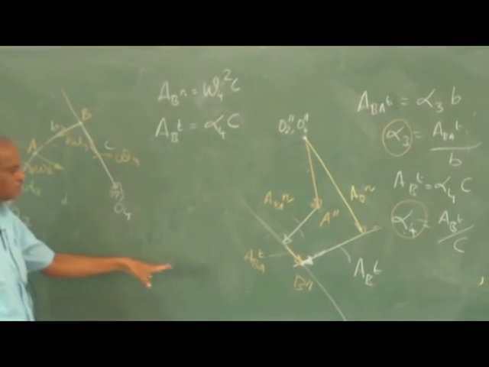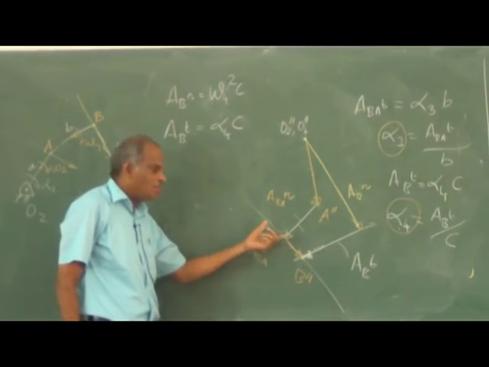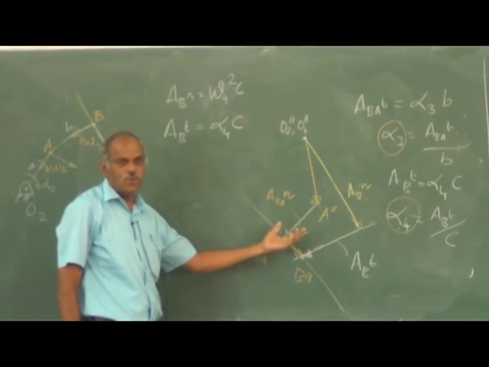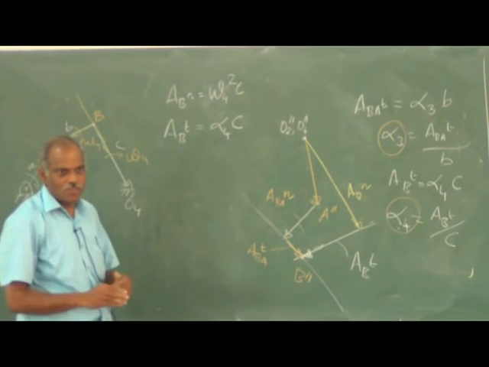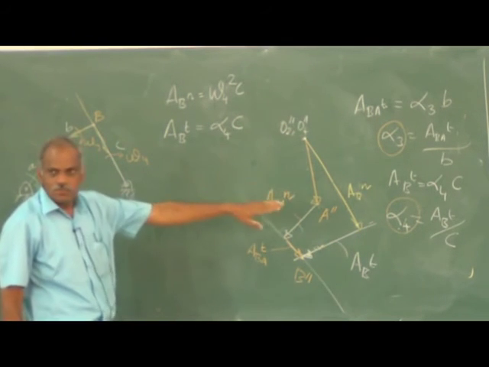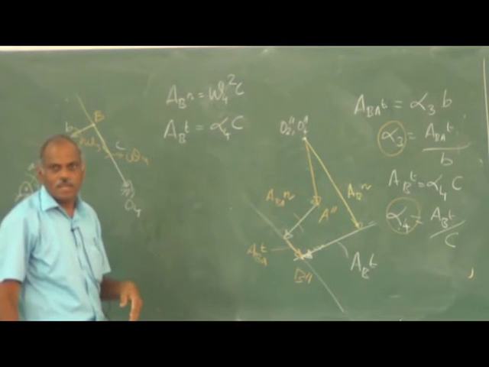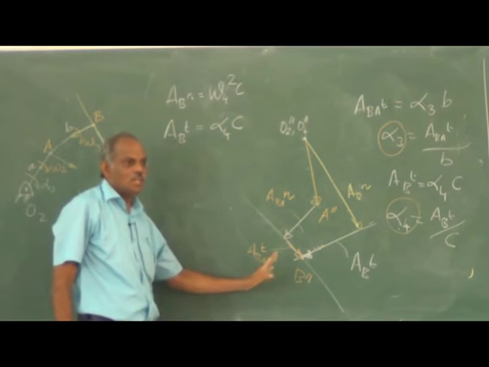So here you have to be very careful in scaling the diagram and measuring this. When you do it graphically, some percentage of error will be there, but when you do it by a program, by calculation, you will have accurate values. But in the graphical method, there will be some error.